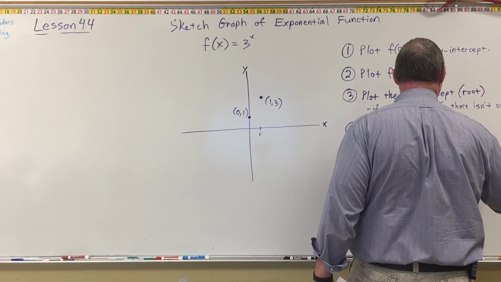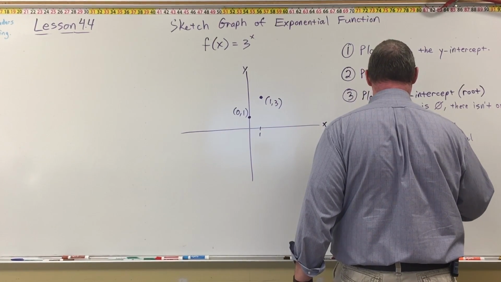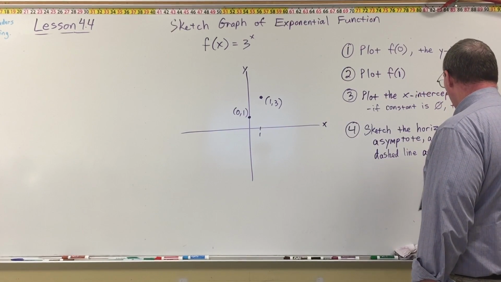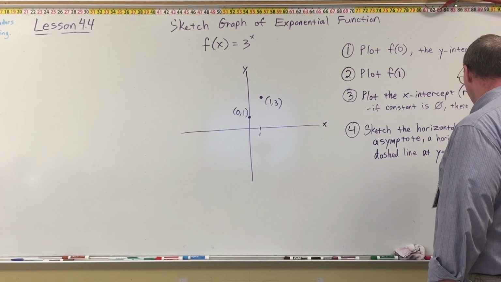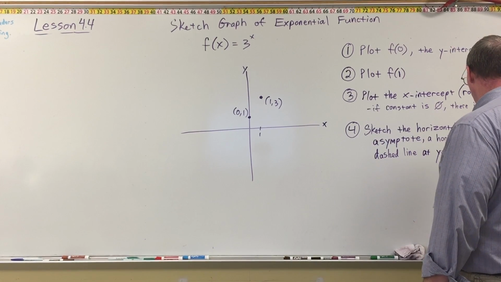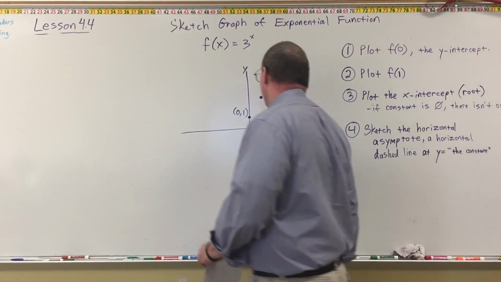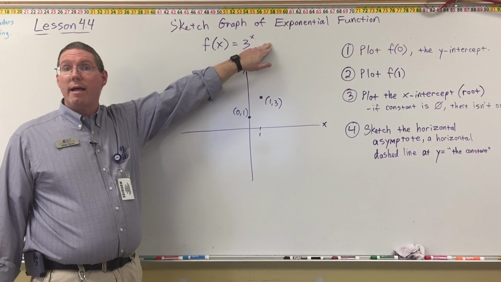Let's call it a horizontal dashed line. We're going to make a dashed line at y equals the constant. Meaning, whatever the constant is on the function, okay? Whatever the plus c is on the end, that's where your horizontal asymptote is.